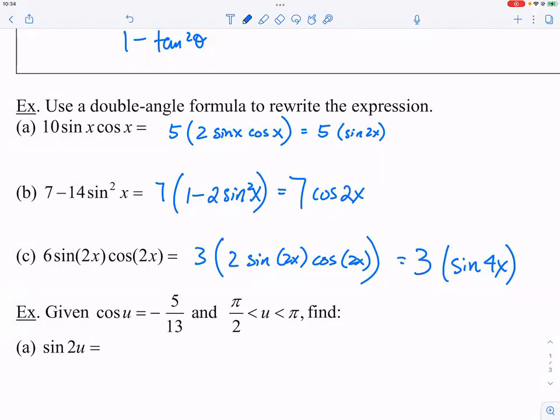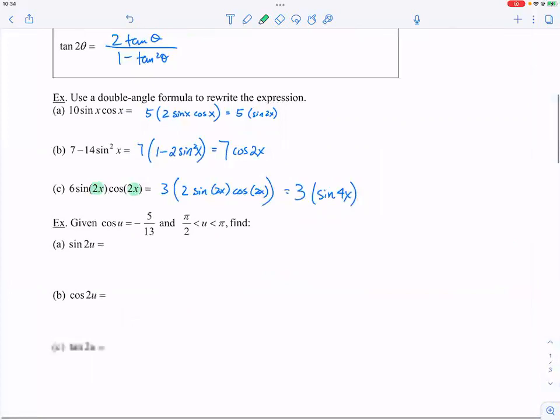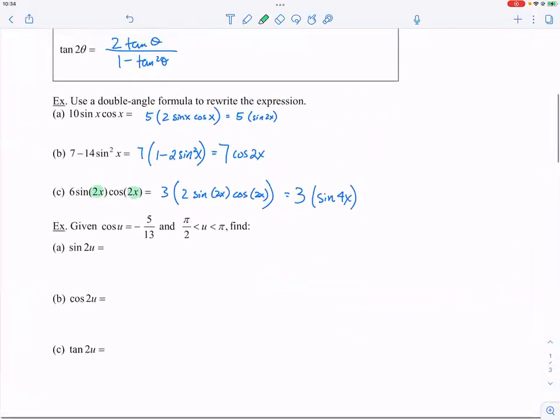So 2 times theta would be 2 times 2x, which is 4x. So just make sure that you know that's your theta right here. So should be pretty straightforward here.